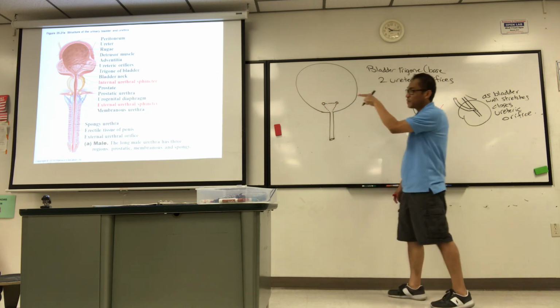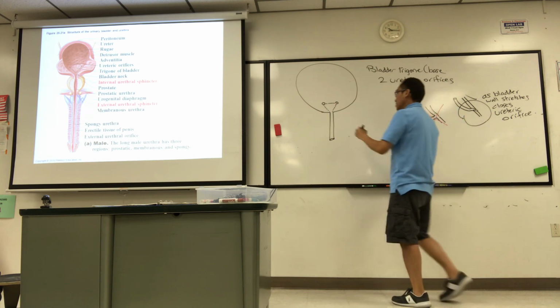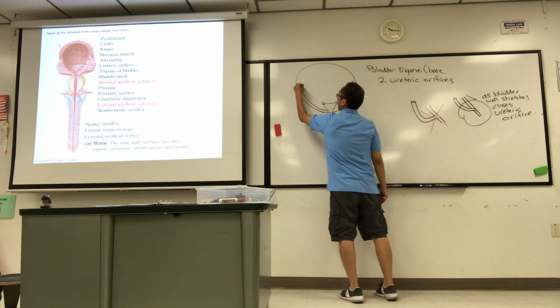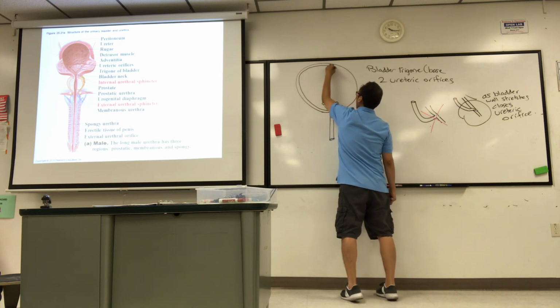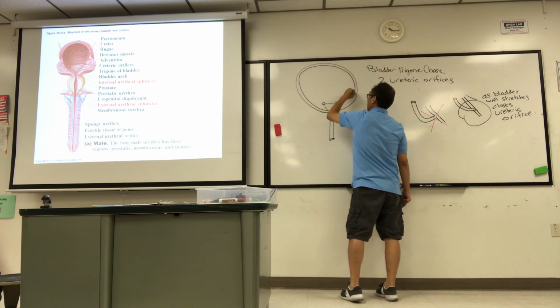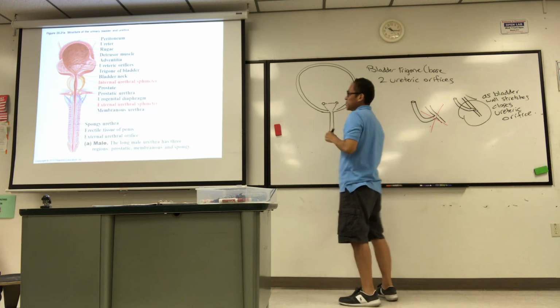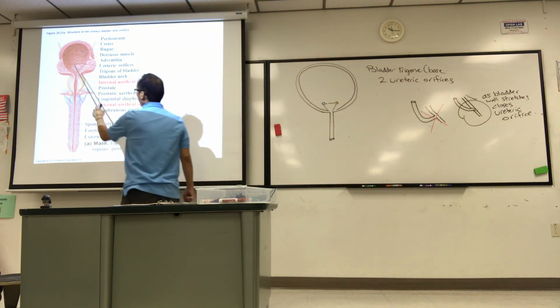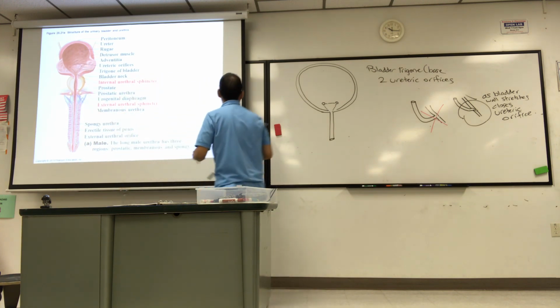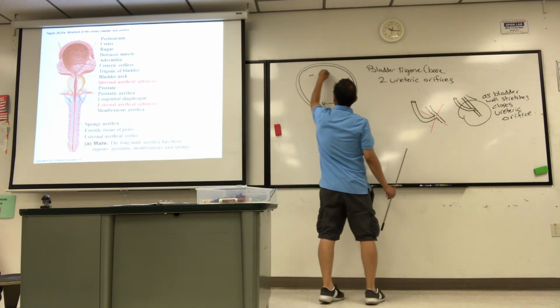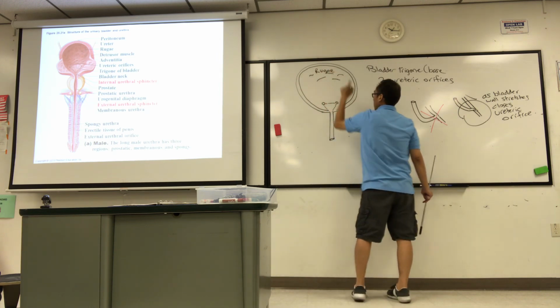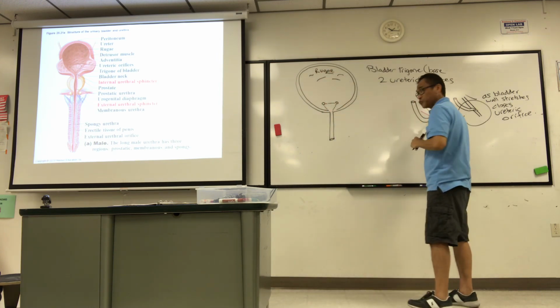If you cut the bladder open and you look at the thickness of the bladder wall, I should say, the inside of a deflated bladder has rugae, these folds. The bladder wall has muscle called detrusor.